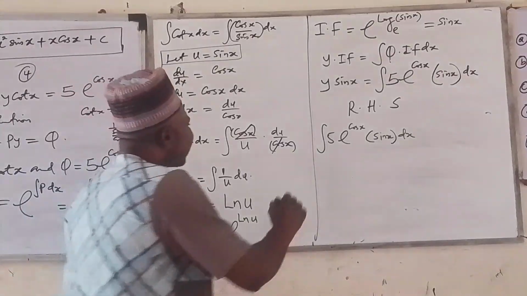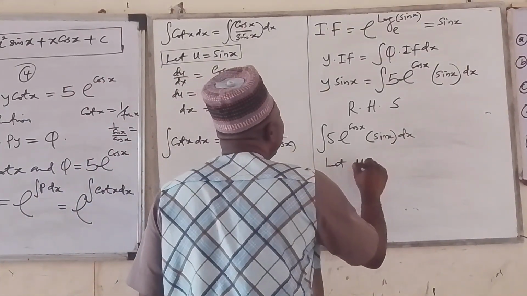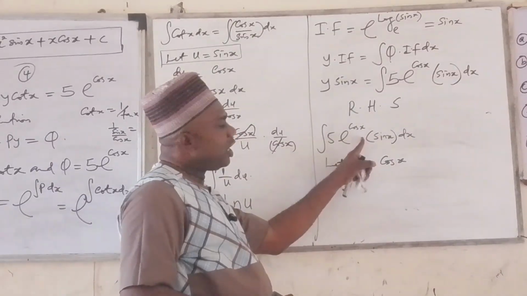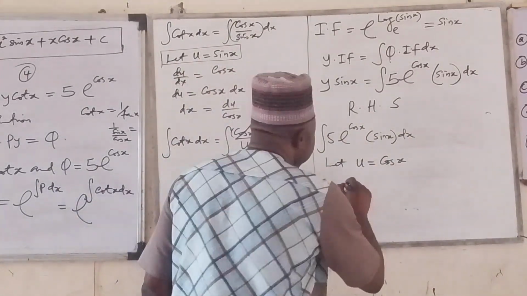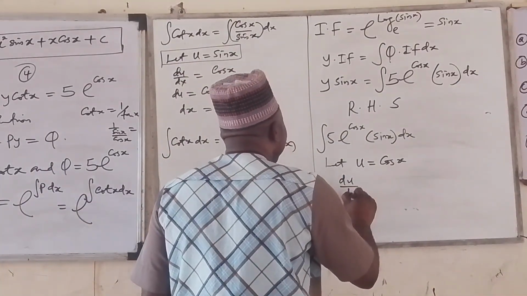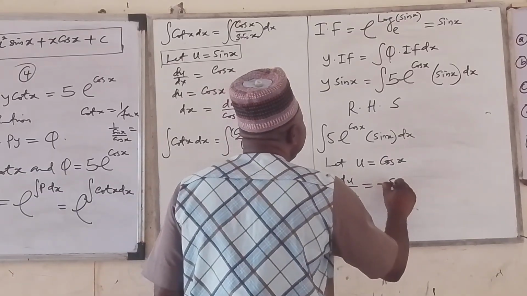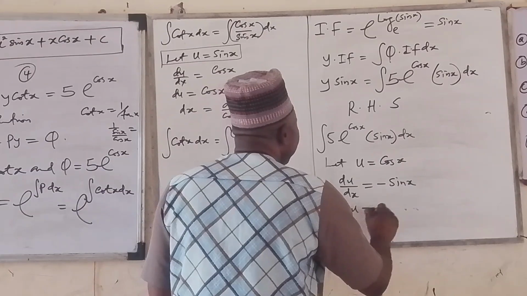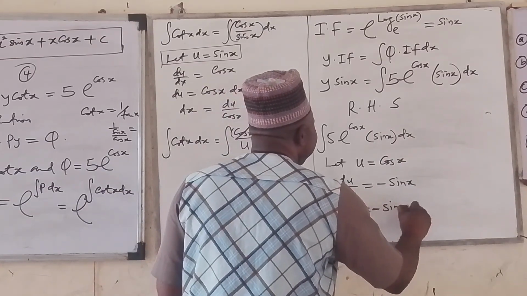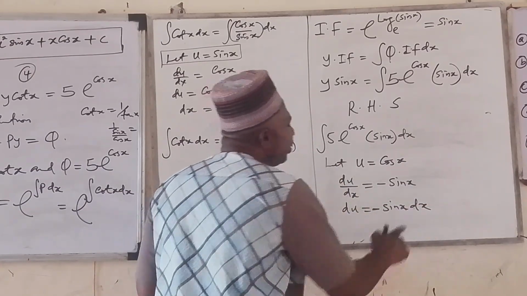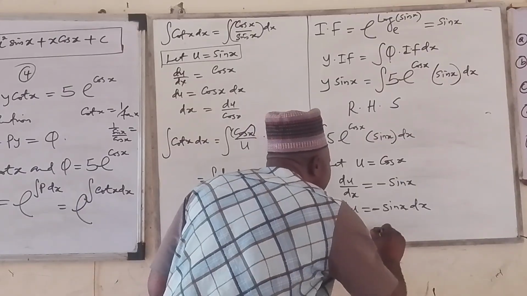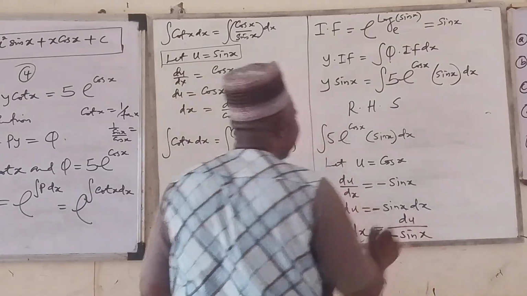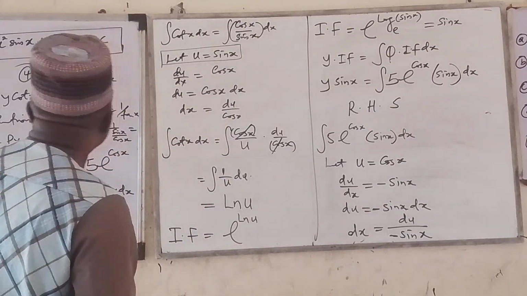Let u be equal to cos x, that is this power here. Then du over dx will be equal to minus sine x, so dx will be equal to du over minus sine x.